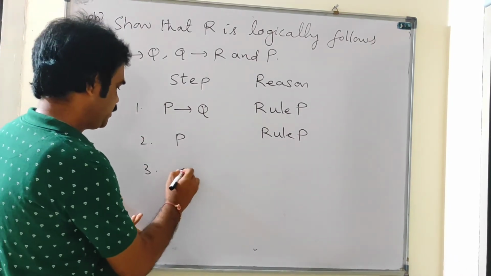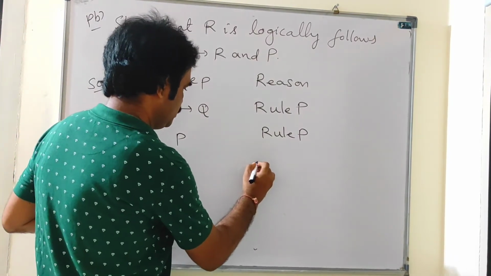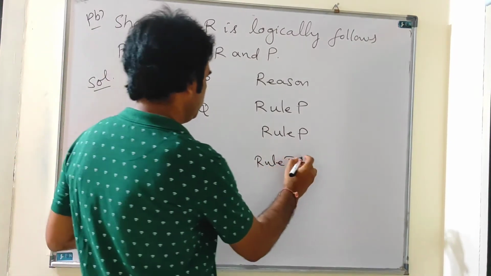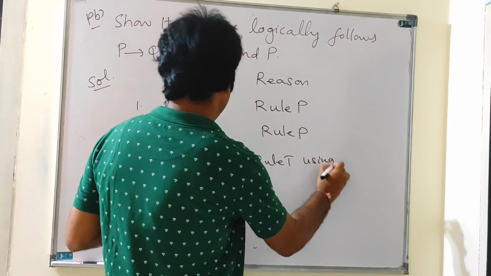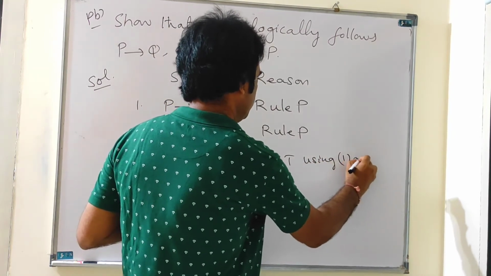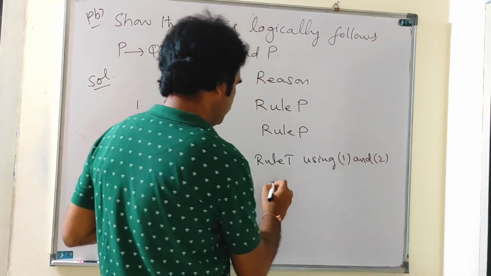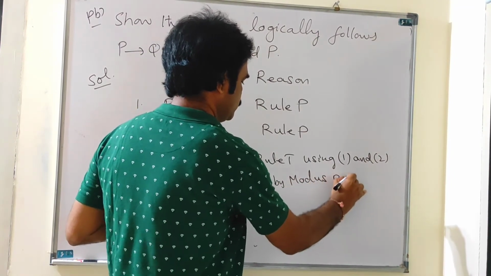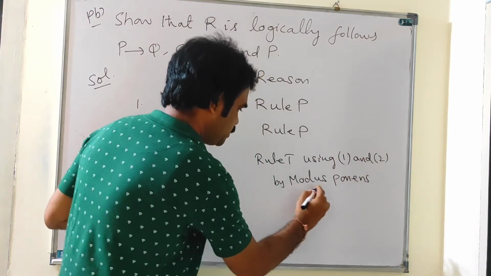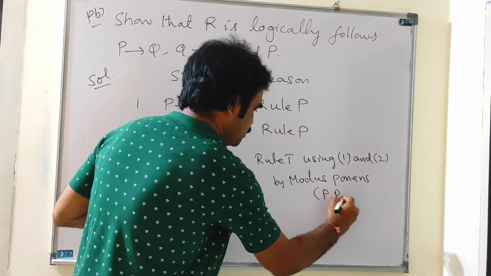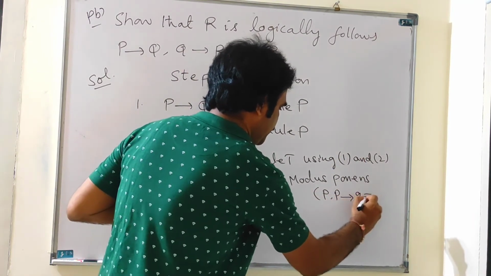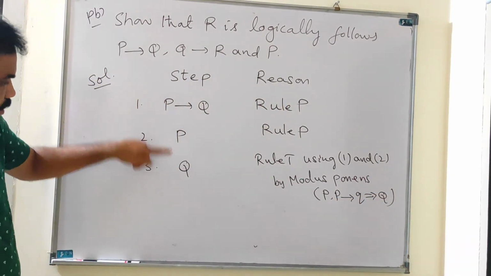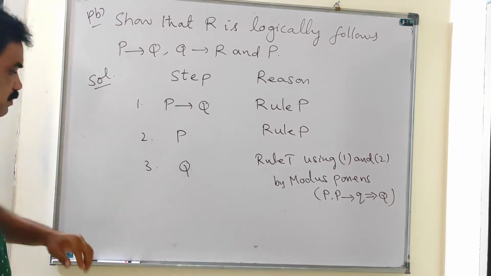Since we are using a formula, it is rule T, using 1 and 2 by modus ponens. Modus ponens means P implies Q, P, imply Q.